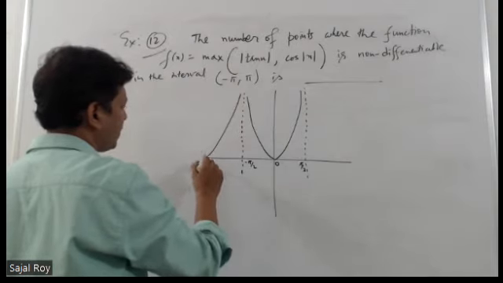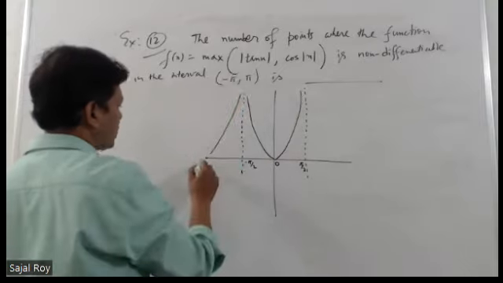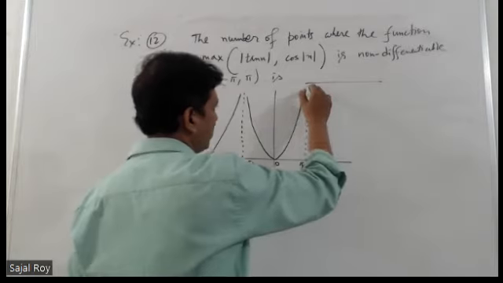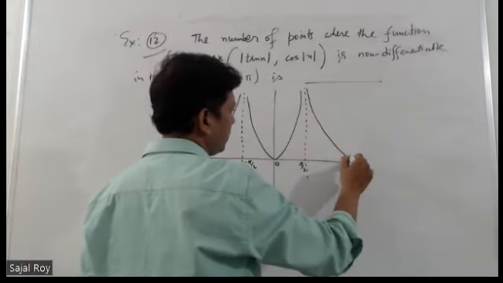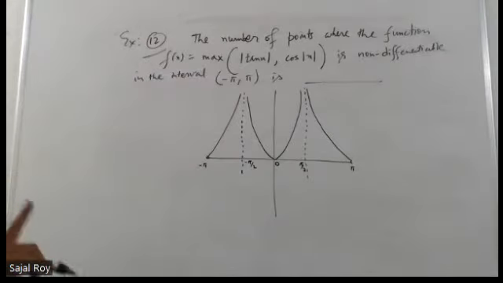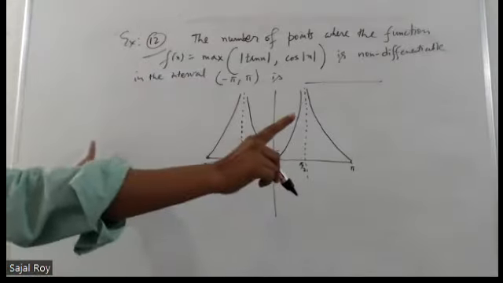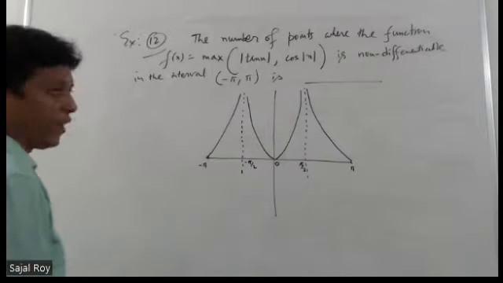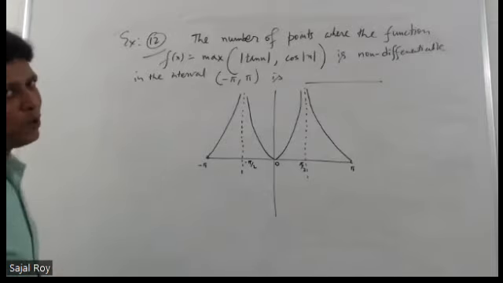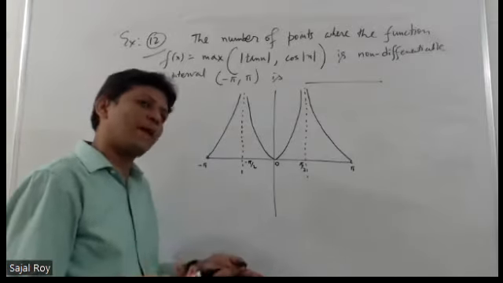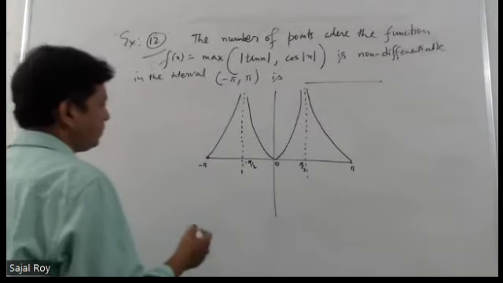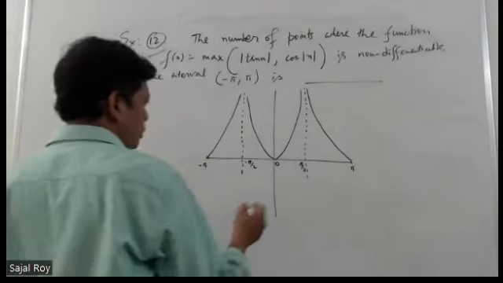This is your pi, pi is not included, and minus pi. This is mod 10x within minus pi and pi. Cos mod x is same as cos x. Because for x greater than 0 it will be cos x, and for x less than 0, cos will absorb the negative sign. It will be cos x. Cos pi by 2 is 0, right?